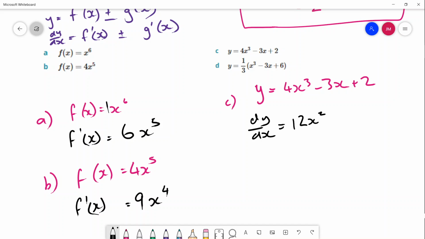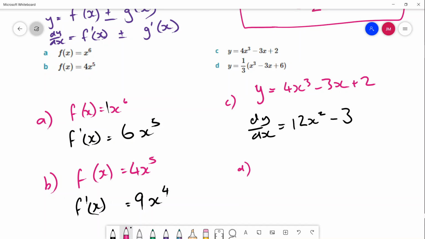Then minus 3x, that's x to the power of 1, so that becomes minus 3x to the power of 0, which is 1. And 2 is the same as 2 times x to the power of 0. Well, 0 times 2 is going to be 0. It doesn't matter if it's x to the power of negative 1, it'd still work, but you've got 0 times that, so the whole thing drops off. So any constant term, gone. So our final answer is 12x squared minus 3.